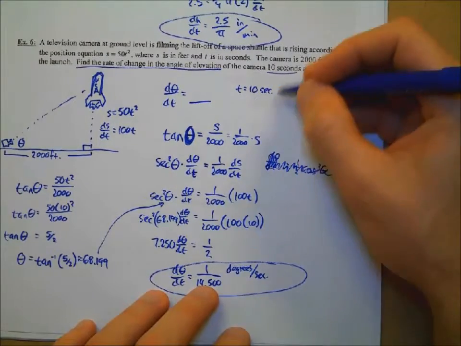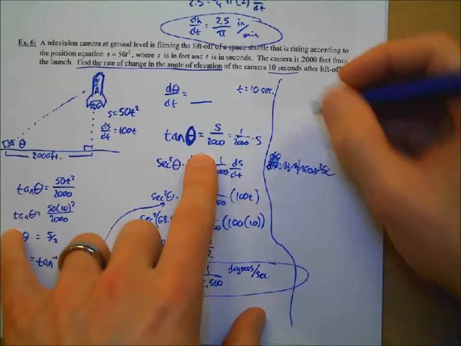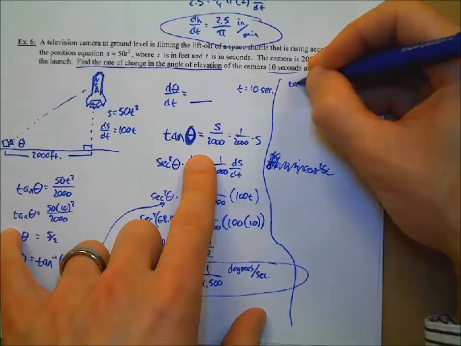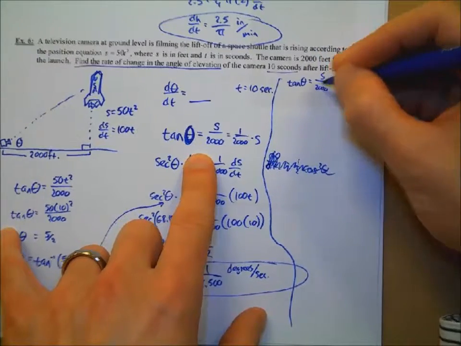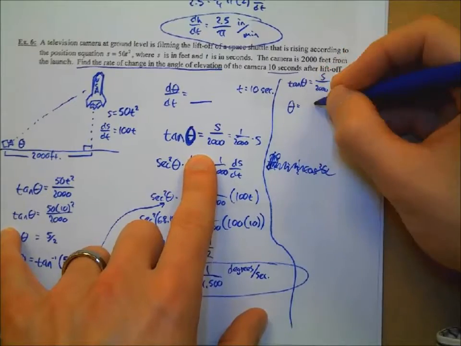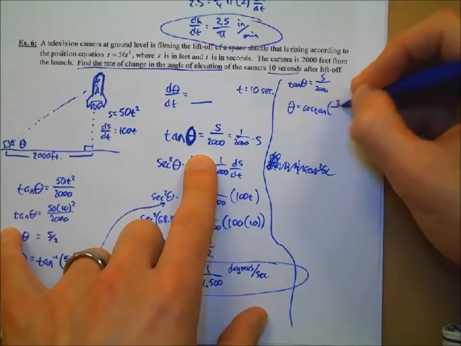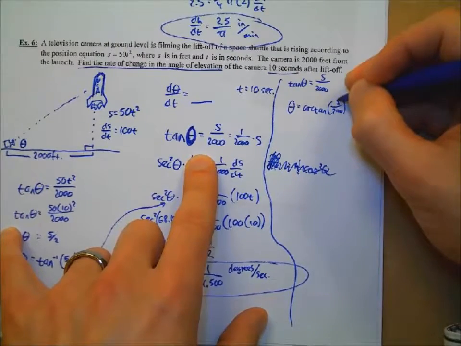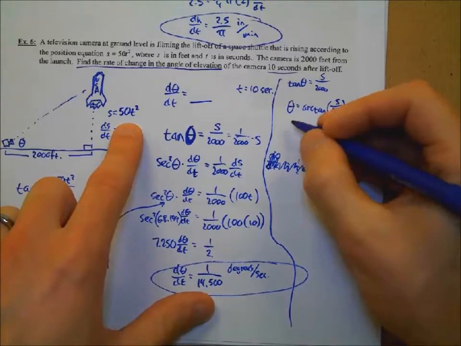Starting with our original formula here, I'll start at the top and maybe skip around that other piece. So tangent theta equals S over 2,000. You said you did inverse tangent of both sides. So we have arctan of S over 2,000. Okay, and then you said you took the derivative from this point. Well, I put the 50t squared in for S. Put the 50t squared in. Very good. That's fine.